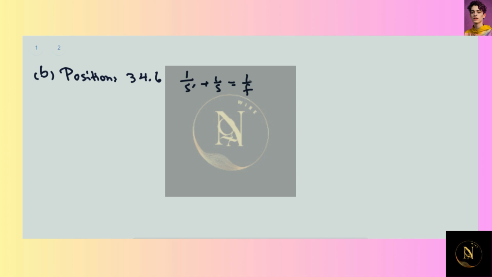And then we can do a little bit of rearranging, because we want to find s prime, we want to find where the image is. So we can isolate that by subtracting 1 over s from each side of the equation. And then we could put the right side over a common denominator.